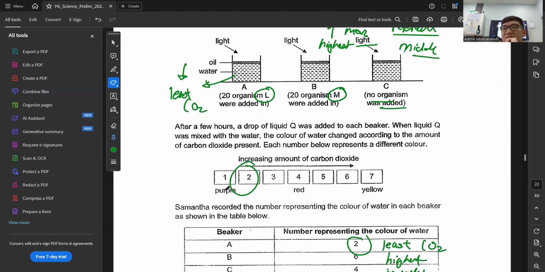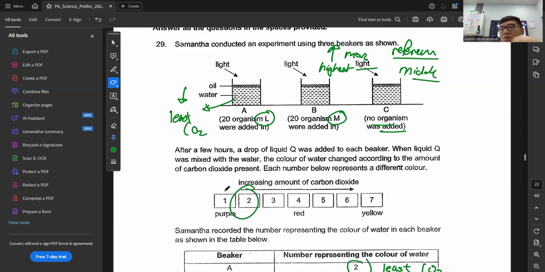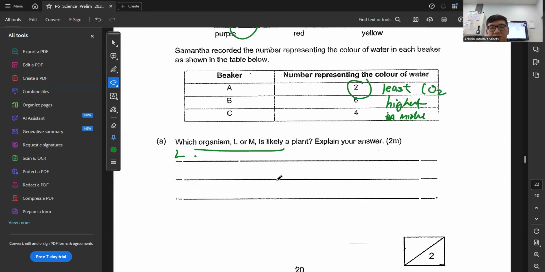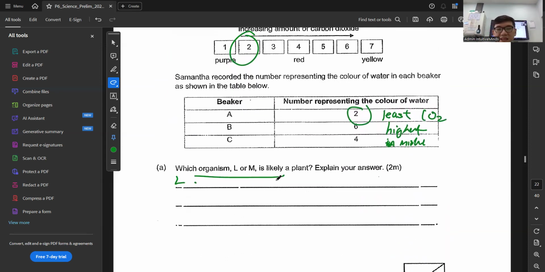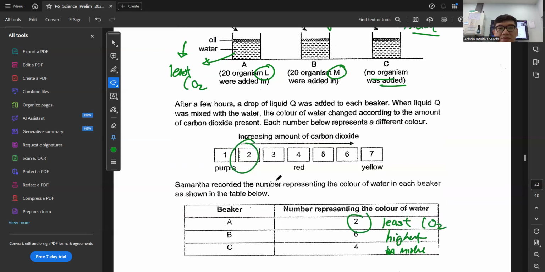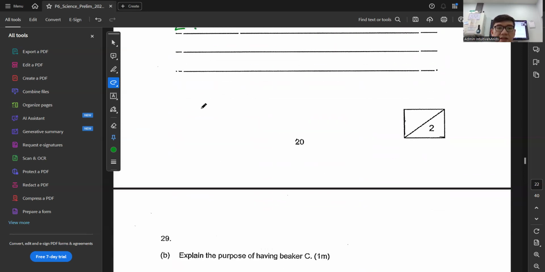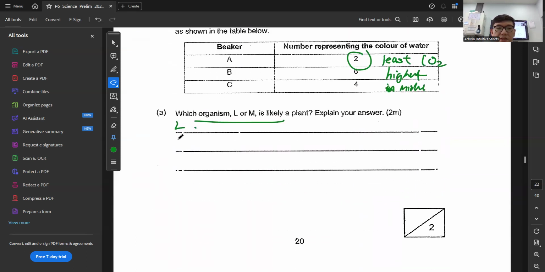You can copy it down. Okay, let me just put it out for you. Then for this one at the table, you can mention things like the one that has the least CO2. So this one has the least. You can say beaker A had the least increase in the amount of carbon dioxide compared to the other beakers.